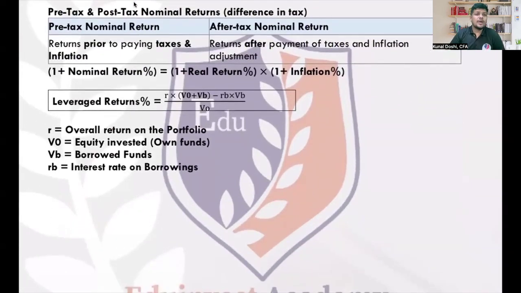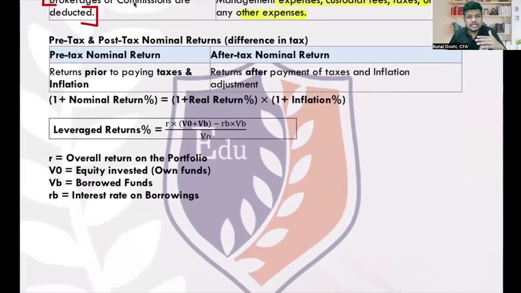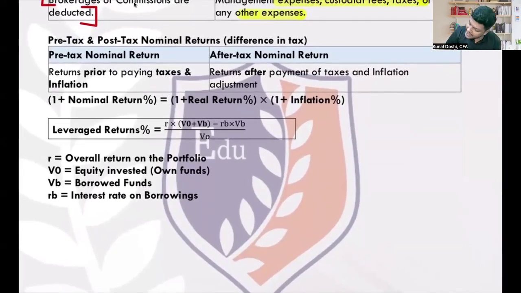Next is very easy. When they say pre-tax and post-tax or after-tax. Pre-tax nominal return and after-tax nominal return, well, clearly the difference is due to taxes. So all the taxes need to be deducted. From pre-tax to after-tax, whatever the taxes that they give, we deduct all the taxes, and then what we get is called after-tax nominal returns.